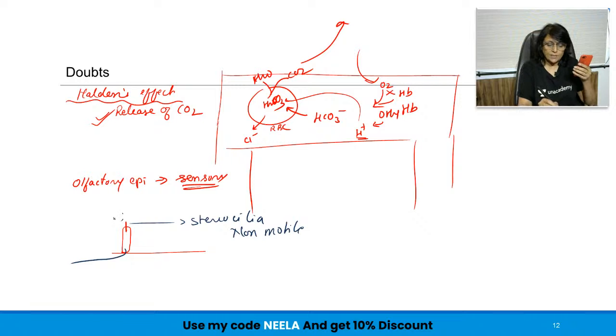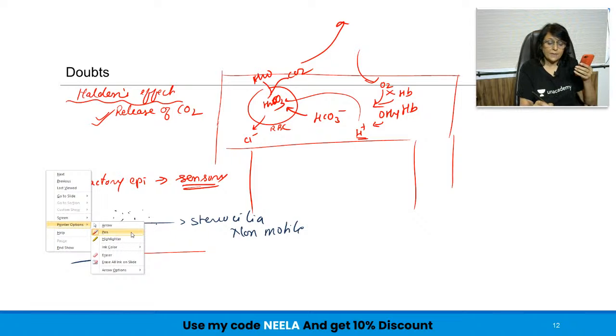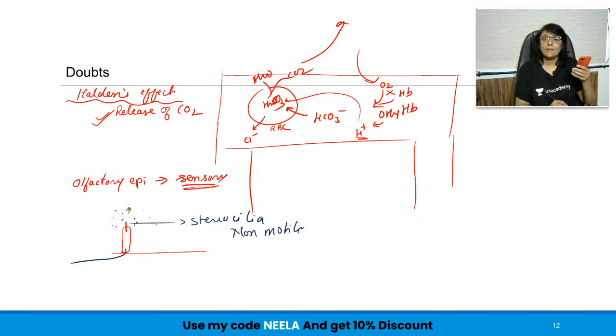So here there is mucus in our nasal chamber, and when we inhale some aromatic, smell-producing particles, this particle dissolves in the mucus and comes in contact with the stereocilia, and an impulse will be generated that goes to our brain, where it is analyzed.